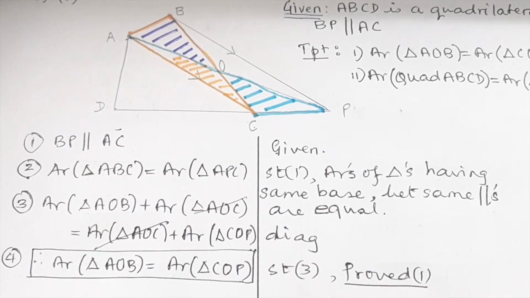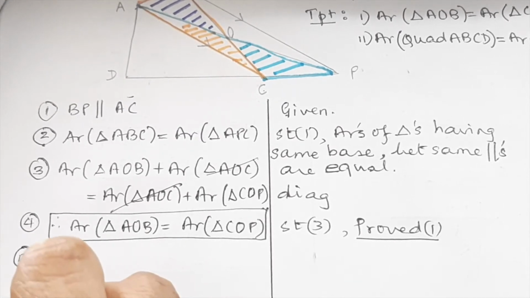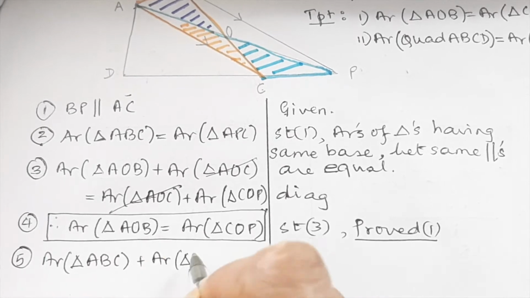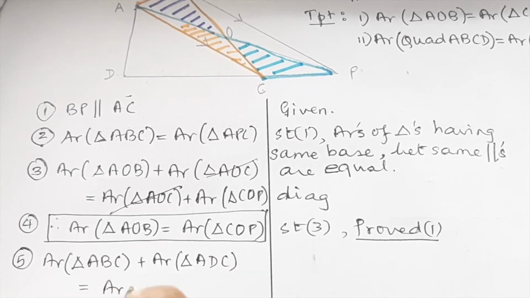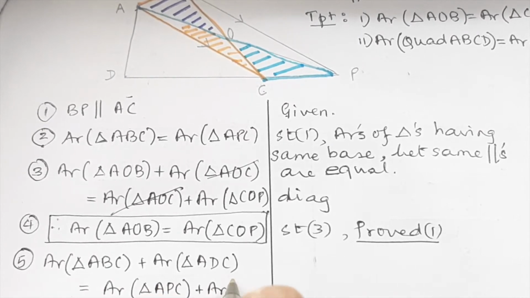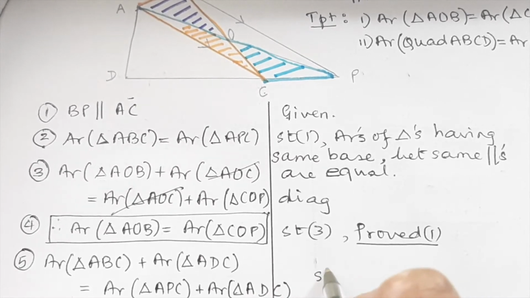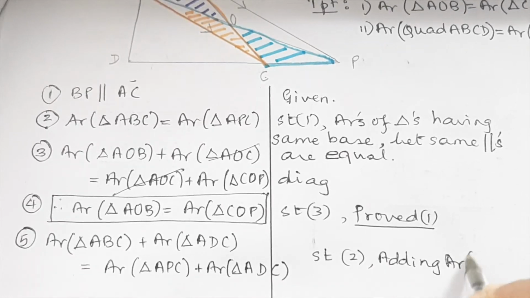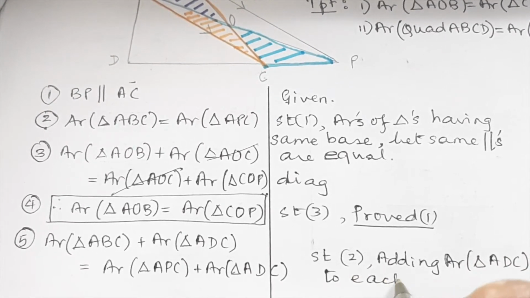So let us see how we write it. Statement number 5 is area triangle ABC plus area triangle ADC will be equal to area triangle APC plus area triangle ADC, and here it will be from statement 2 adding area triangle ADC to each side.